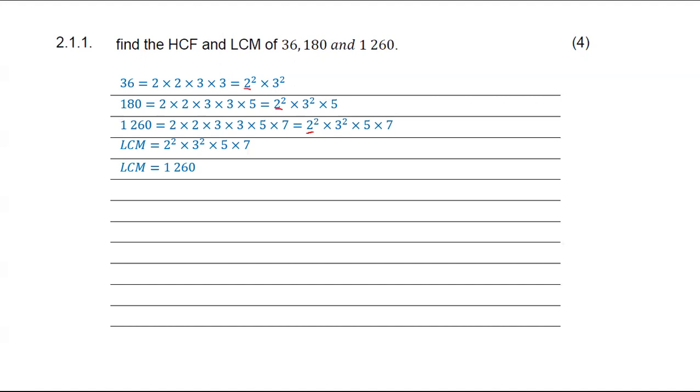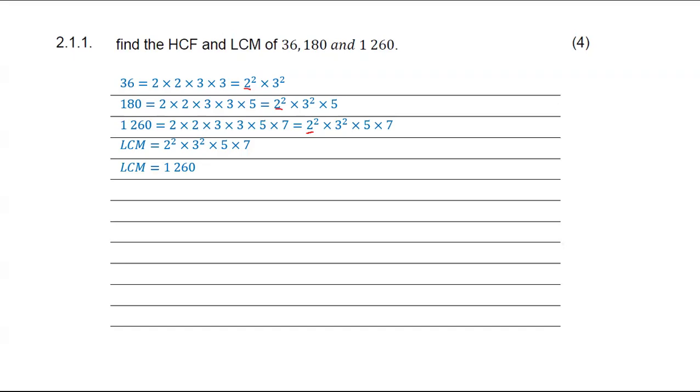In LCM, it's a base with the highest exponent. I got that one wrong. It's a base with the highest exponent for LCM. But for HCF, it is the base with the lowest exponent. I hope I didn't confuse you there. I will repeat. With LCM, it's a base with the highest exponent. But with HCF, it's only a common base, not all the bases, with the lowest exponent. And here, the lowest exponent of 2 is 2 itself.